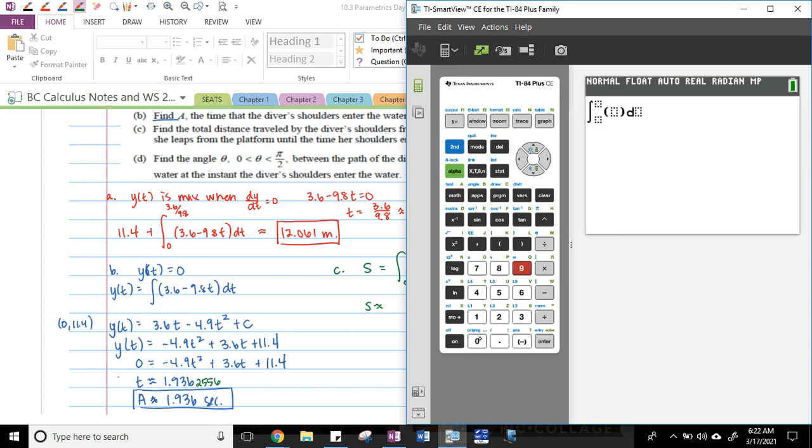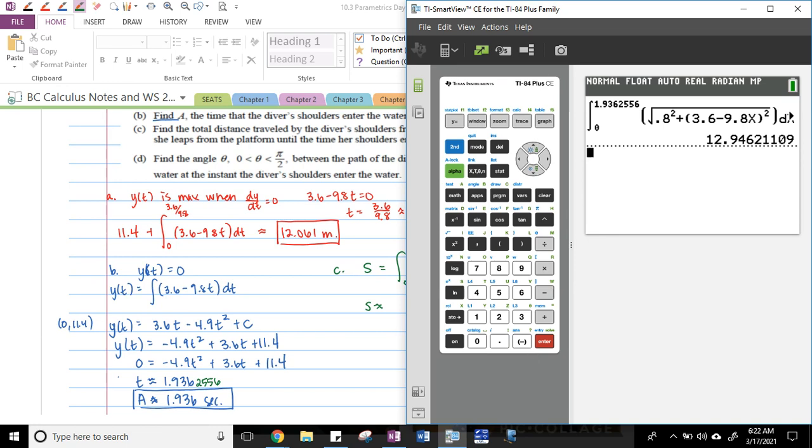So math 9, 0 to 1.936256, square root of 0.8 squared plus (3.6 minus 9.8x) quantity squared. It doesn't matter that I did not switch back to parametric mode, by the way.